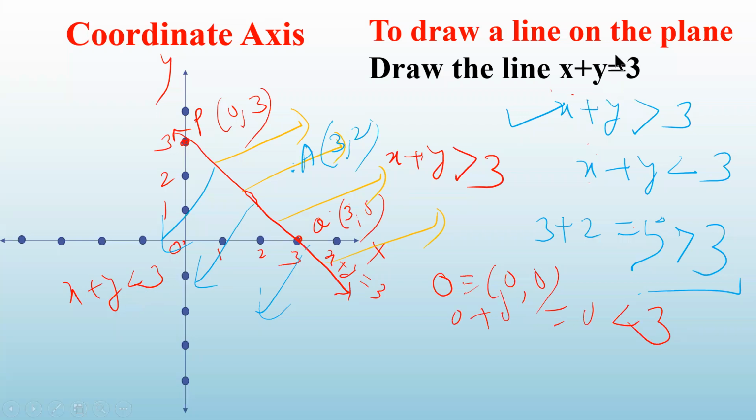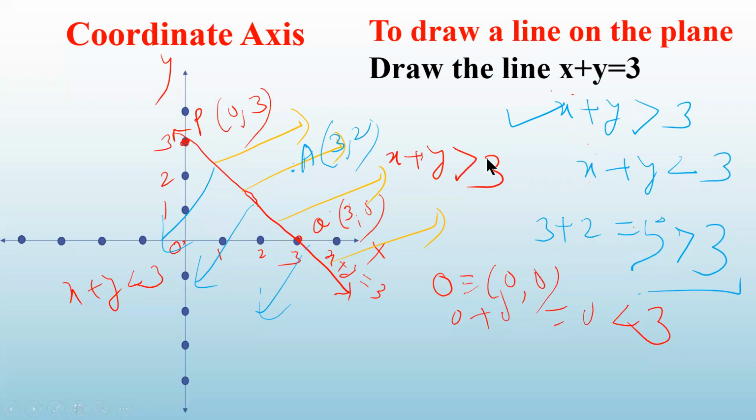See, whenever I use this symbol, it is called an equation. Whenever I use this type of symbol, it is called an inequation or inequality. So an equation always represents a line, and inequalities represent the region above the line or below the line. Okay.